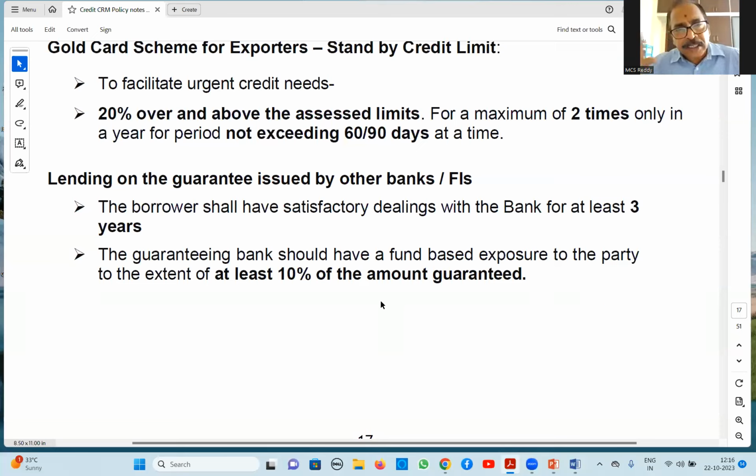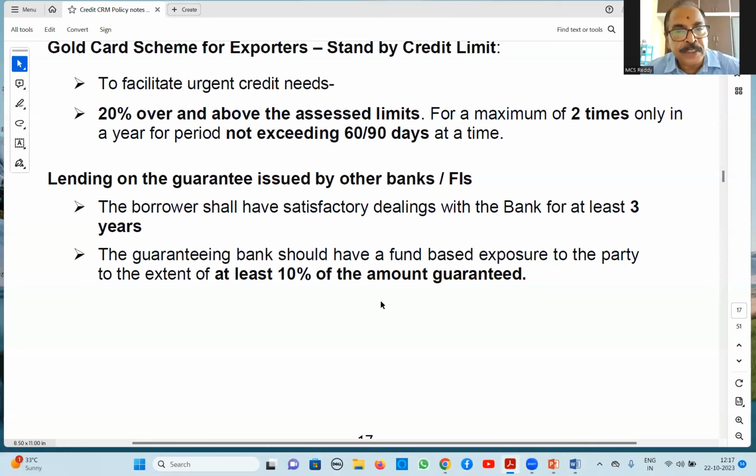What that bank says is, under that particular category, that is that industry type, their exposure has already reached the limit, because the Reserve Bank has prescribed certain maximum limits for each industry. Don't go beyond these levels. So already their fund-based limits have exceeded that level or are almost nearing it. In such a case, they don't want to lose their customer. He is a good customer. So that bank says, I will give you a guarantee. You go and approach some other bank and get finance from that bank. So against such guarantees, we will finance. This is lending against guarantees issued by other banks or financial institutions.